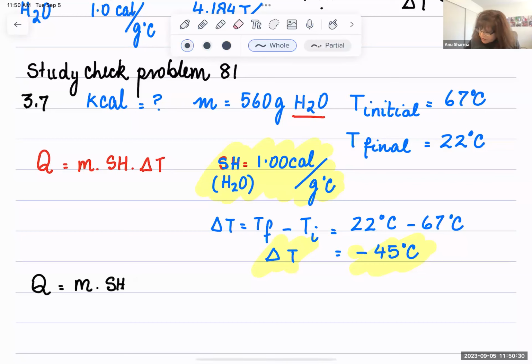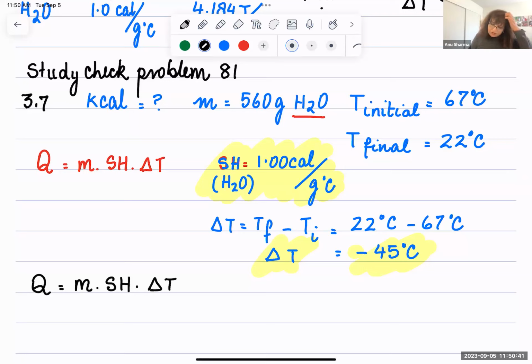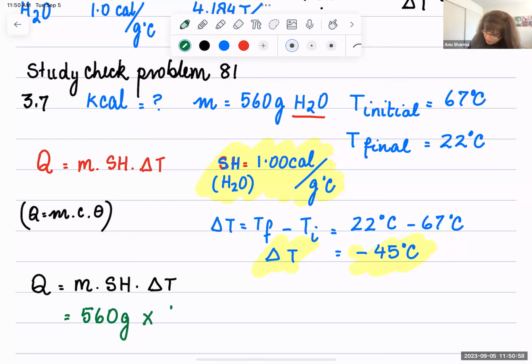In some other books, it's also written as C. I'm not used to writing SH, but it's also written as C. And delta T is also written as theta, so it's MC theta. It is the same formula. So M is 560 grams times 1.0 calories per gram degree Celsius times negative 45 degrees Celsius.